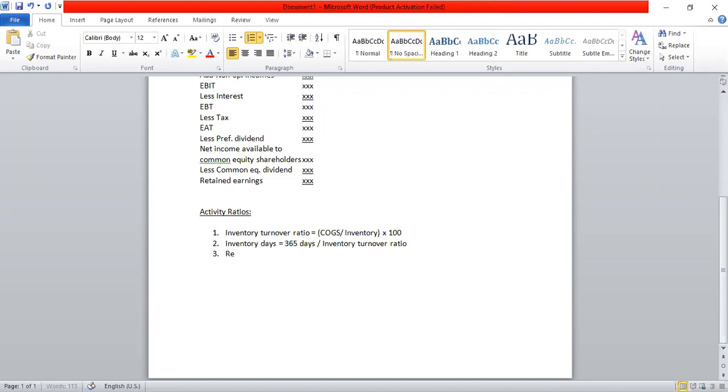Next one is receivables turnover ratio, which is equal to, the numerator will have sales. What are receivables? Any one of you?